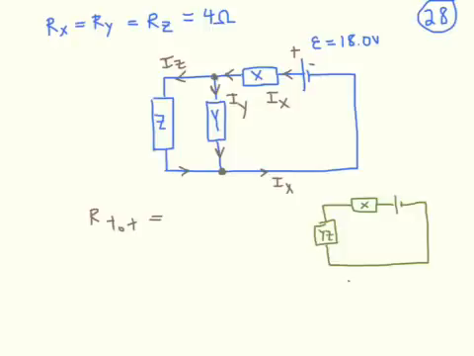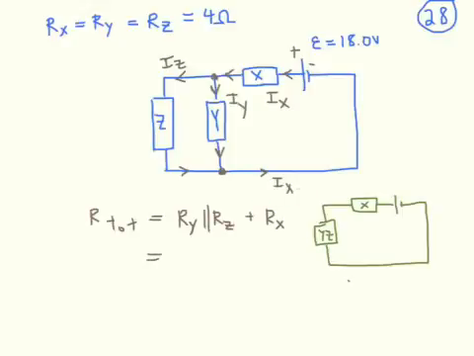And so now we can see that this parallel circuit is in series with X. That means the total resistance is equal to the resistance of Y in parallel with the resistance of Z plus the resistance of X. This notation stands for the total resistance of Y and Z together in parallel. We add that total resistance to X.